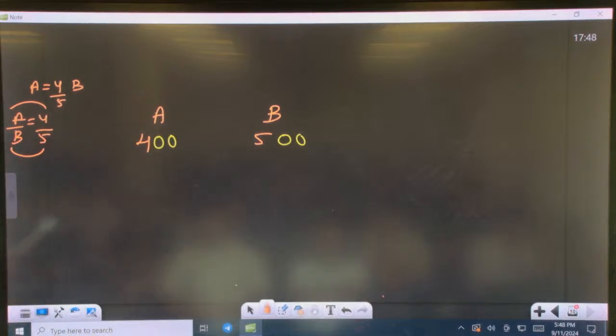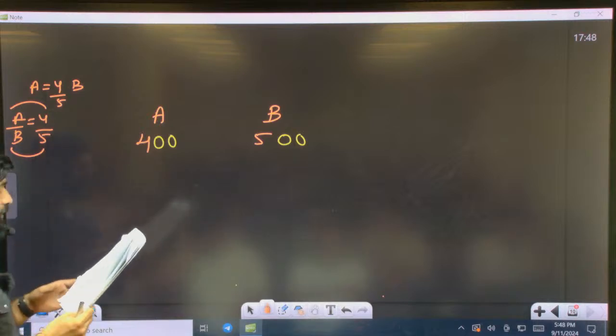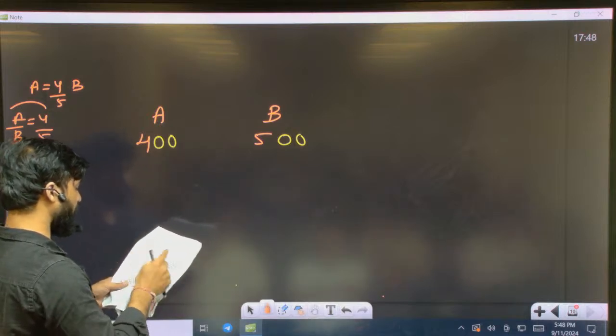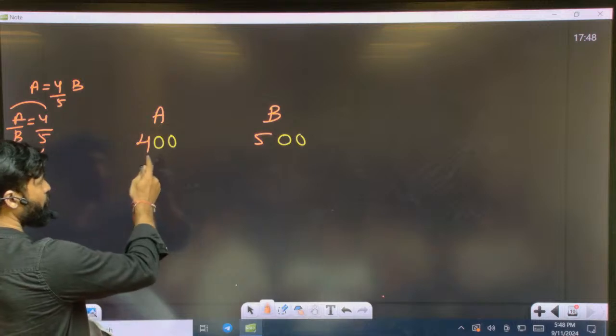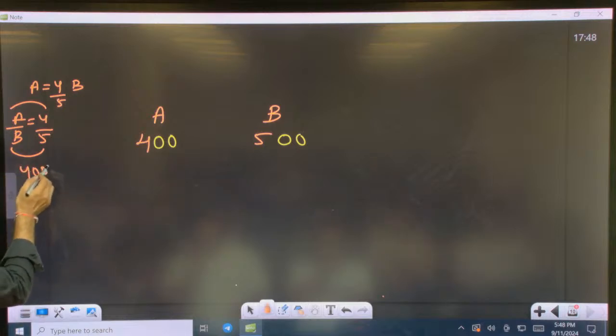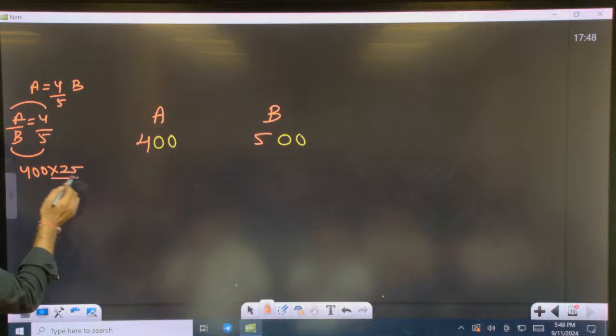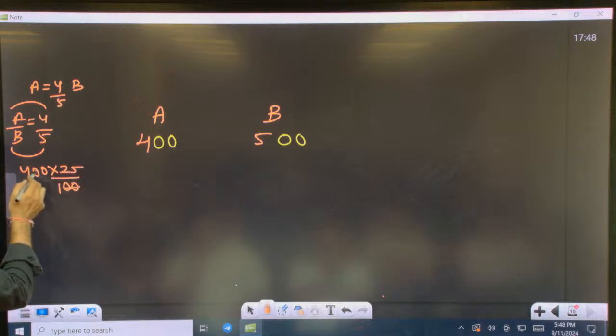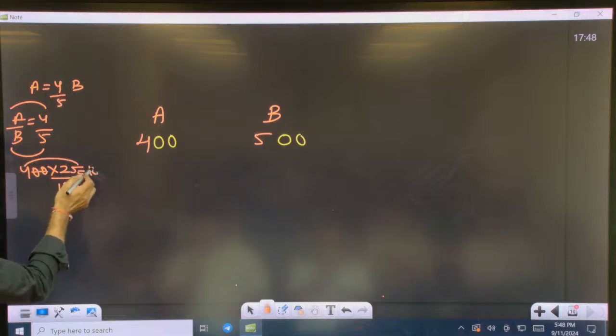Read the question. If 25% of the books from A are transferred to B, what will be the 25% of 400? Sorry, 25%. What is the number? 100.